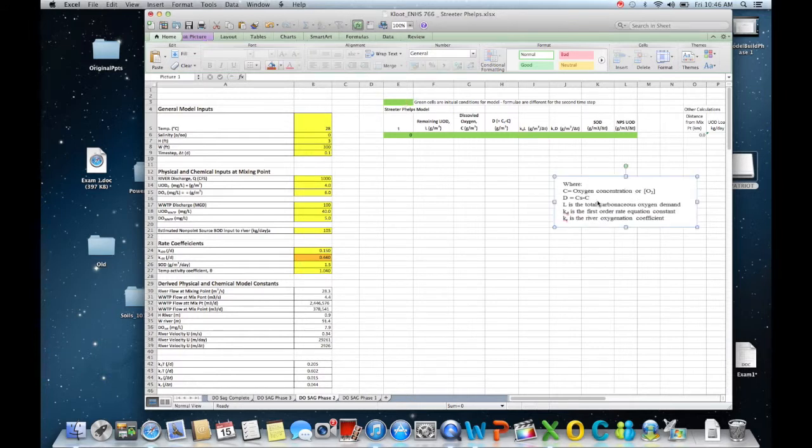I have, just for my own edification and remembrance, gone ahead and put down these labels so that I can remember C equals oxygen, D equals saturated oxygen less the actual oxygen, DO, and then L being the total load, and I'm calling it UOD rather than just carbonaceous load.